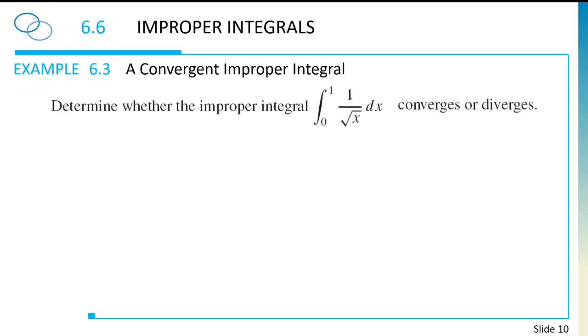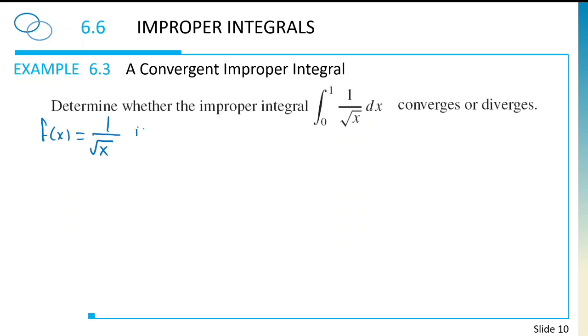Always, I want you to check the continuity of the integrand before you look at the intervals in general. Check the continuity and then see the interval. We're looking from where to where? It's from 0 to 1. So now I have f of x as 1 over square root of x.